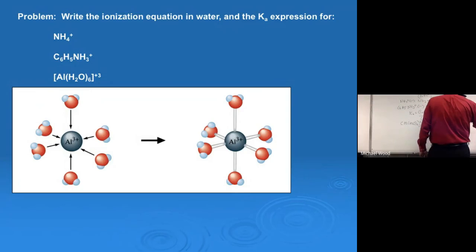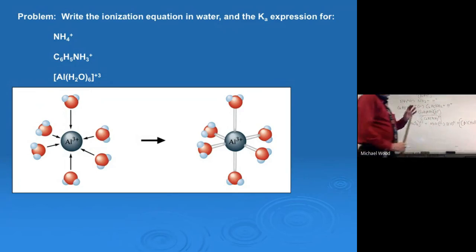And this would all now be 2+, because when something loses a hydrogen, its charge decreases by 1. Okay, then if I write the Ka, again, just the same thing, the equilibrium constant.